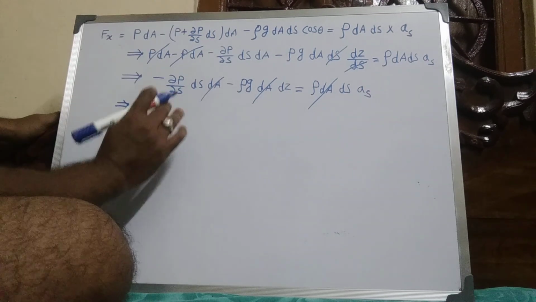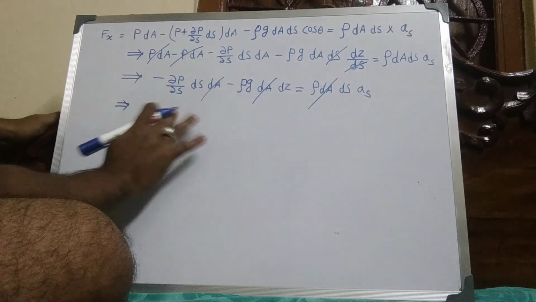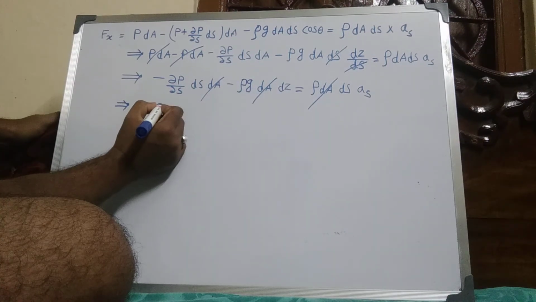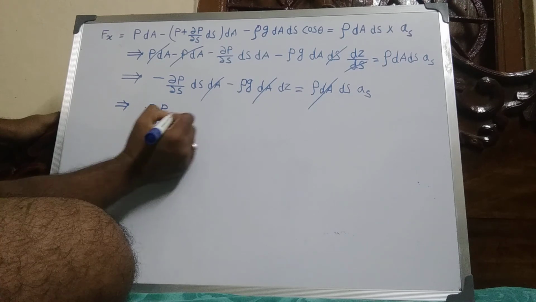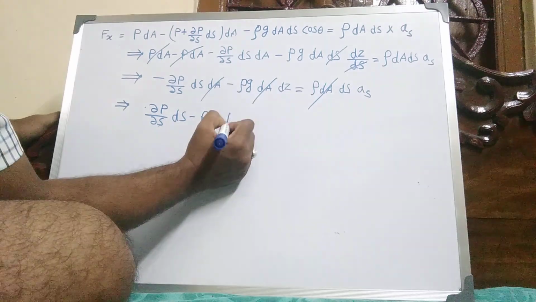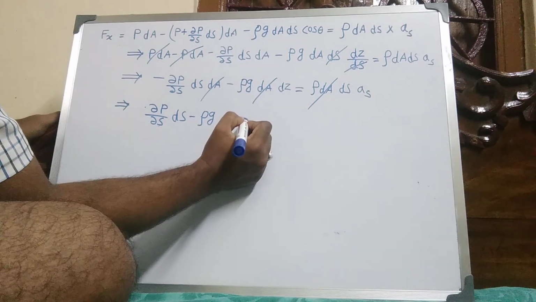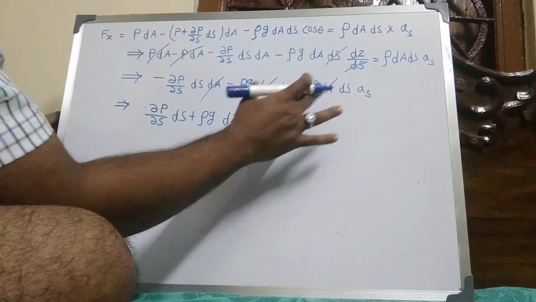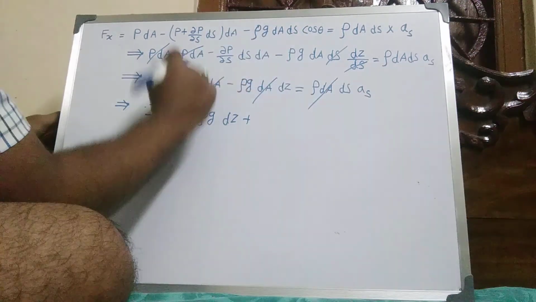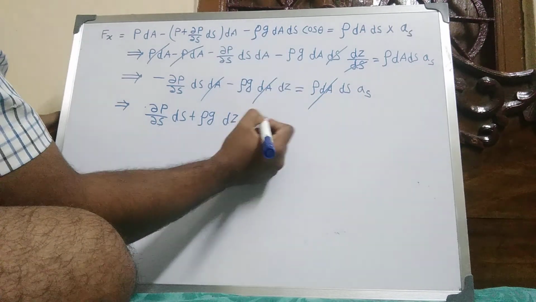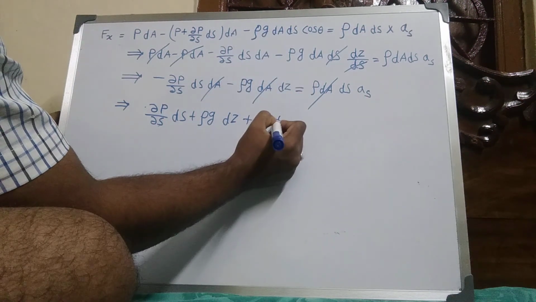Suppose this one takes a positive sign: ds minus rho g into dz. This is positive, and this one goes to the right side, so rho into ds.